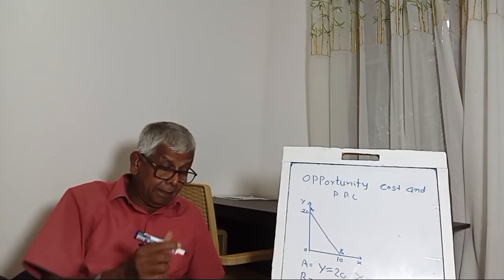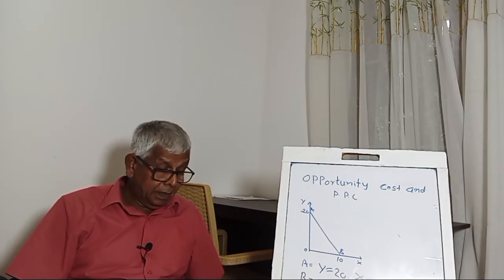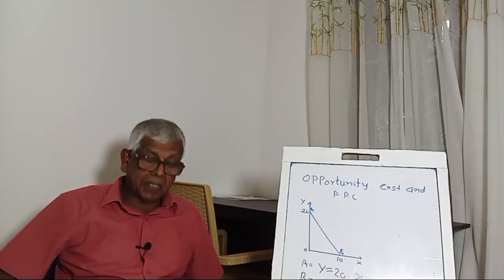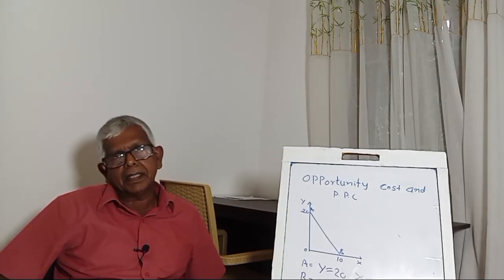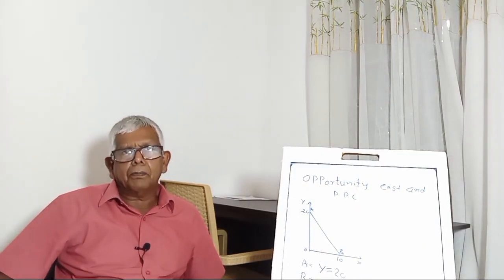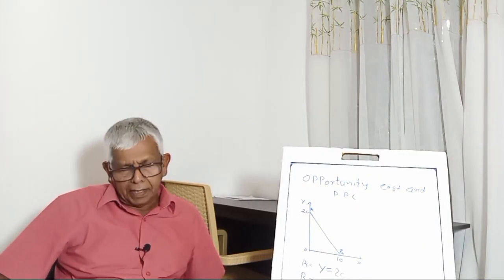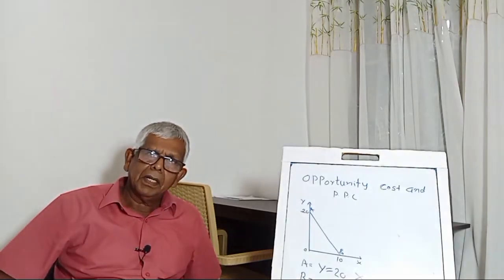This relationship can be expressed with a curve which is called the production possibility curve, or production possibility frontier, or production possibility boundary.